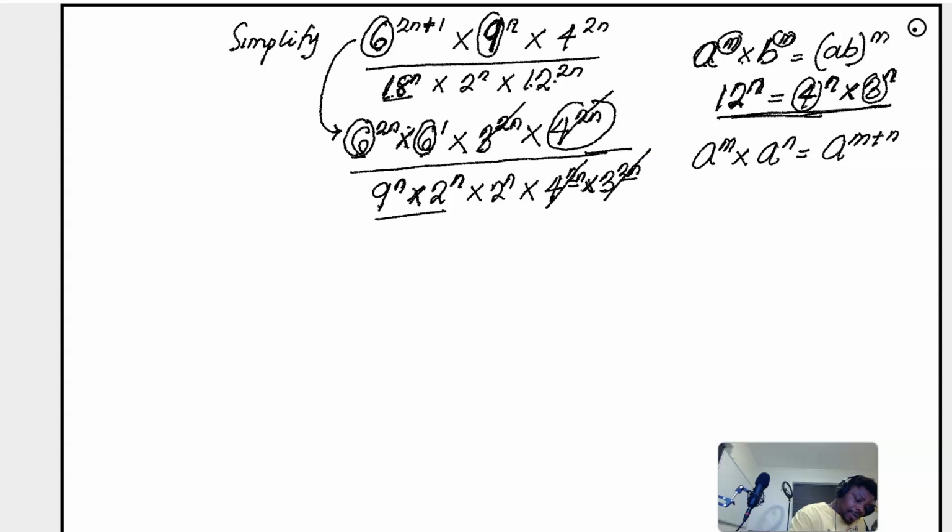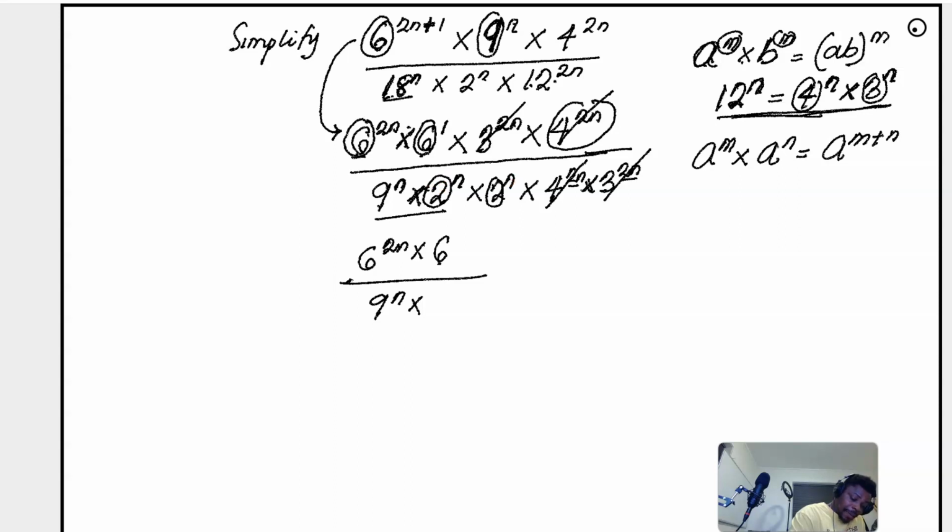Okay, so let's continue. So what do we have here? 6 raised to the power 2n times 6 divided by, okay, now in this case I can still say this is 9 raised to the power n times, look at this one here, same bases, right?